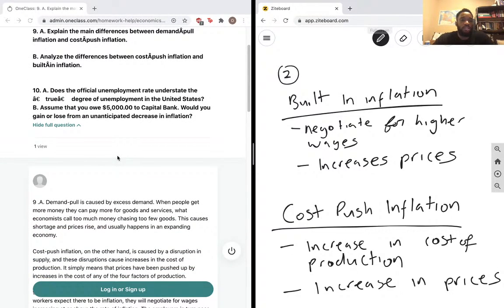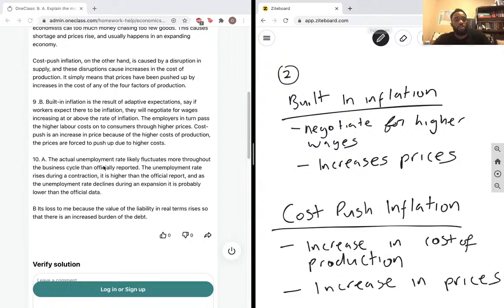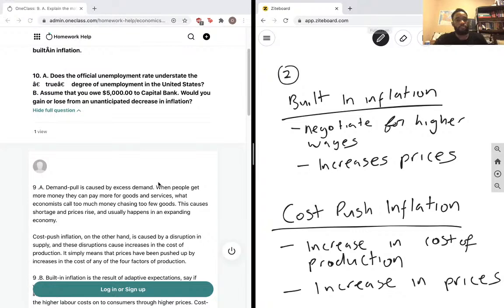Third part, does the official unemployment rate understate the true degree of unemployment in the United States? Let's see what our tutor said here. The actual unemployment rate likely fluctuates more throughout the business cycle than officially reported, which is a given. The unemployment rate rises during a contraction. It is higher than the official report, and as the unemployment rate declines during an expansion, it is probably lower than the official data.